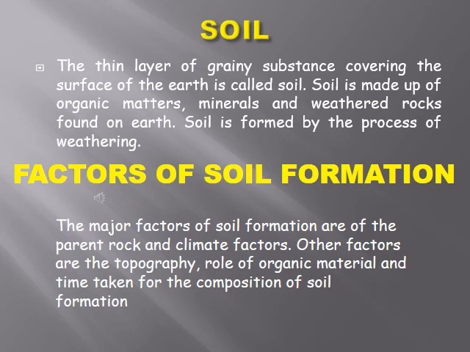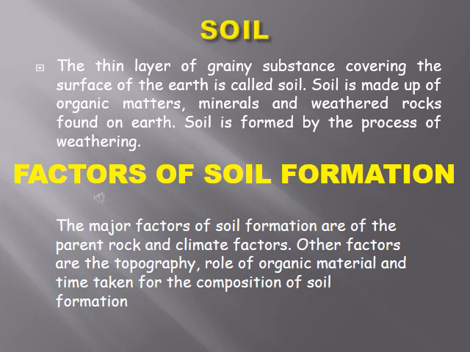So, first of all, what kind of factors are affecting soil formation? The major factors of soil formation are the parent rock and climatic factors. Other factors are topography, the role of organic material and the time taken for soil formation.